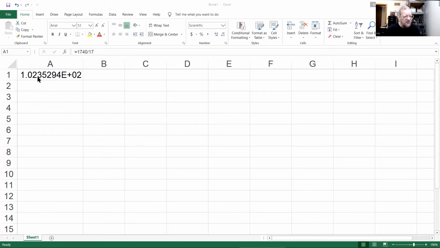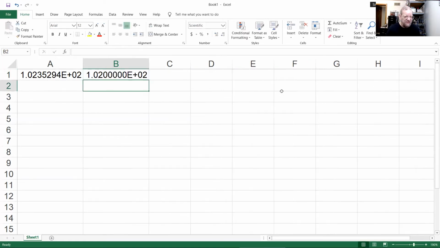So if I round this off to 3 significant figures, it would be 1.02. Now, the way I have it formatted, you're going to see a bunch of zeros after the 2, ignore that. And it'd be 1.02 times 10 to the second. Column A will be round off at the end, column B, and it might go into column C.